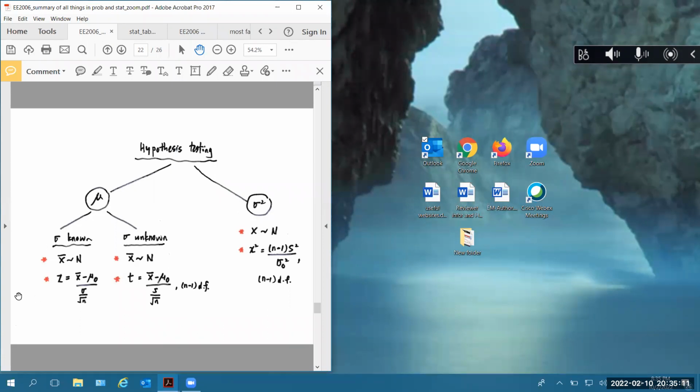The second point is the test statistic. When you're testing mu and sigma is known, the test statistic is Z. When sigma is unknown, the test statistic is T. So this slide is about the prerequisite and also the test statistic.